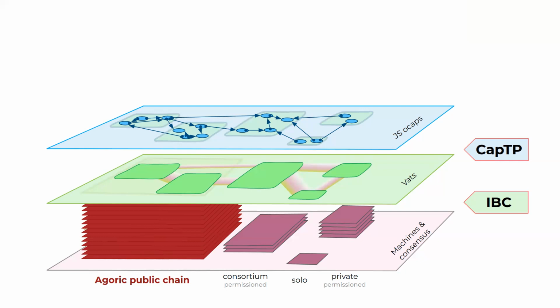Question. With communicating from the VATs to the public chain or solo machines via IBC, is that all going on behind the scenes? I was watching the Protocol Labs videos last week, and I was a little bit confused by that. When I think IBC, I'm thinking of just going across chains.